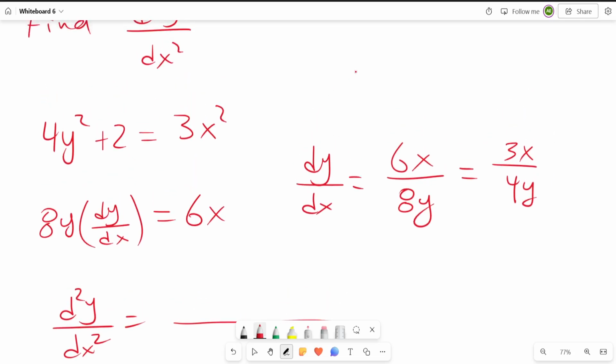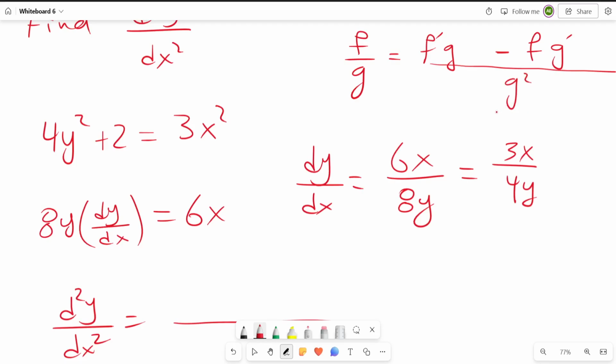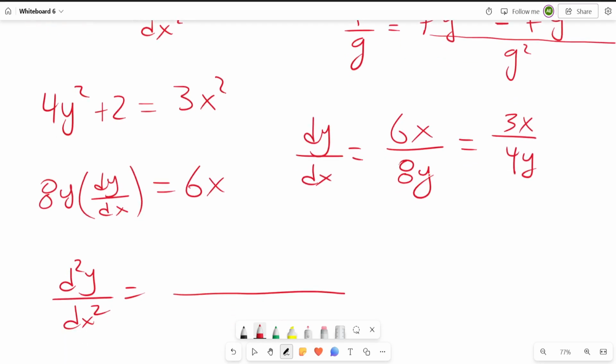And I know when I have an f over g and I want to differentiate it, this is equal to f dash times g normal minus f normal times g dash all over g normal squared. And I had a video on this, please go check it out as well. So let's do that.